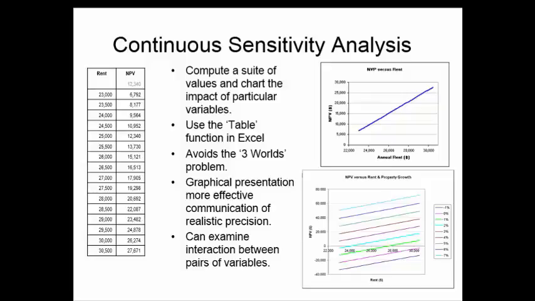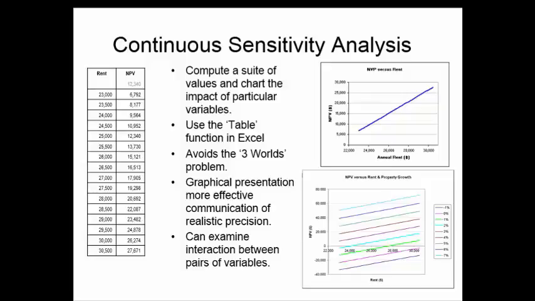This is extremely important because often the variables behave in different ways depending on the settings of other values in the model. Here we can see that each one of the property growth traces gives what appears to be a parallel line running up as rents change. Sometimes the gradient of these lines change, and you even have the lines intersecting and overlapping. And so you end up with some very interesting results.